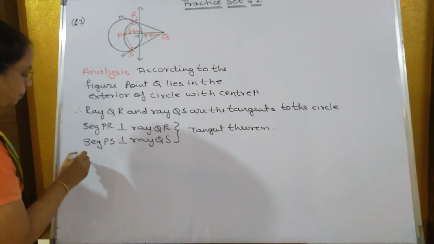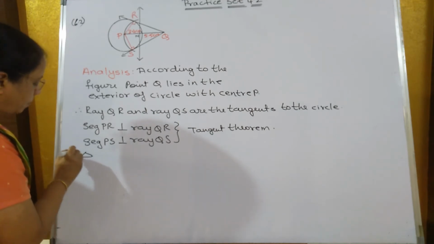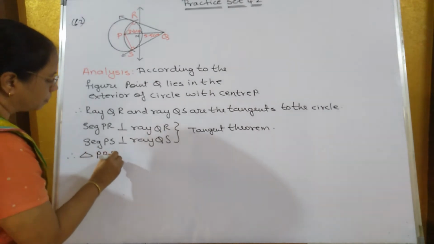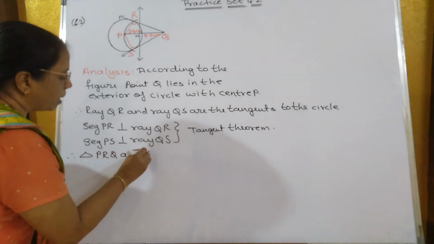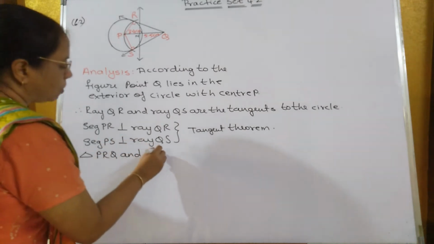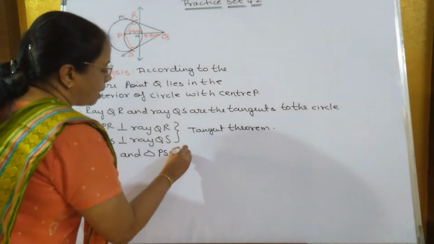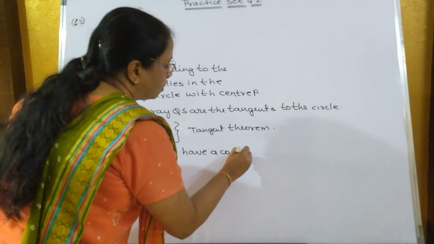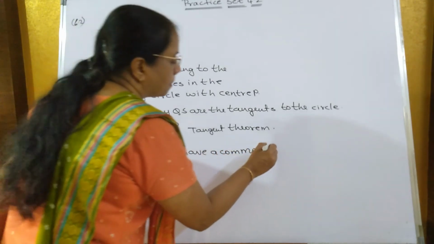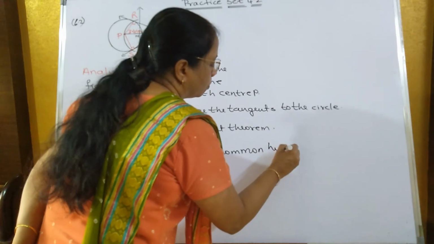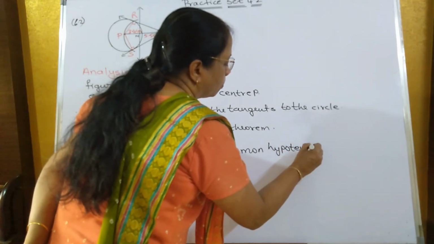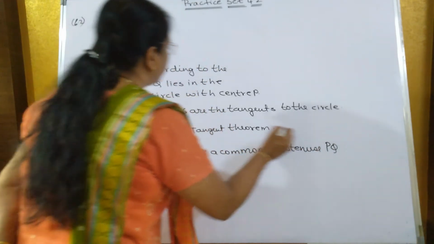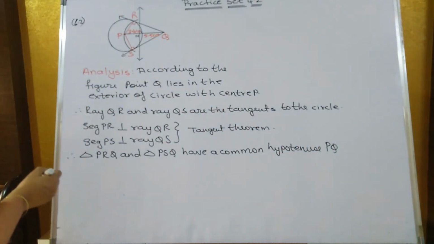Therefore triangle PRQ and triangle PSQ have a common hypotenuse. Which is that common hypotenuse? PQ. They have a common hypotenuse PQ.